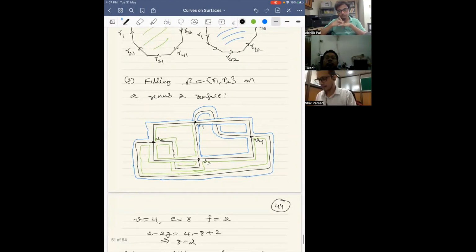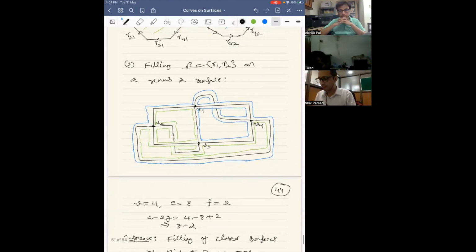Suppose I start from here, with the surface on my left, and I travel, and you just keep track and continue traveling, and you will come back. So this is one boundary component.